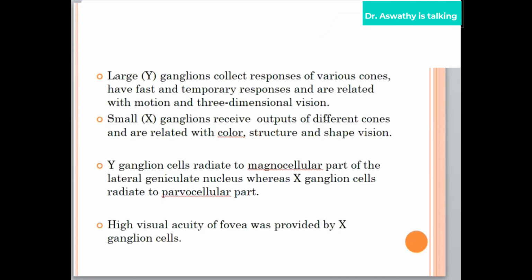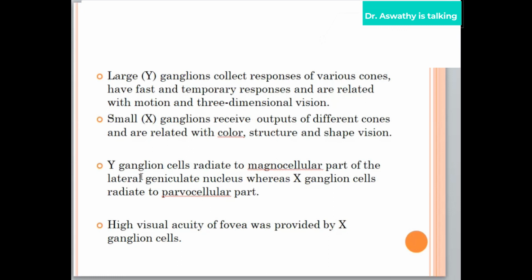So as we know, there are mainly two types of ganglion cells. There are Y ganglions and X ganglions. The Y ganglions in the retina collect responses of various cones, and they have a fast and transient response, and are related with motion and three-dimensional vision. And the X ganglions receive output of different cones and are related with color, structure, and shape vision.